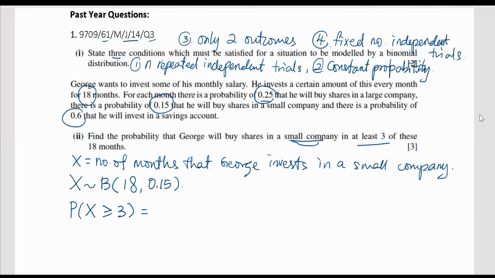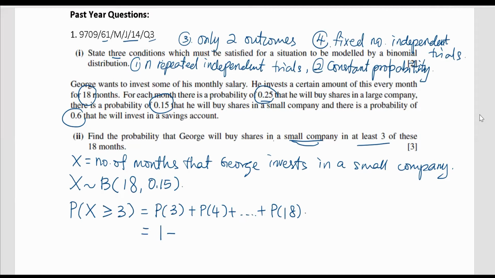See, this is similar to my example just now. At least 3 means what? We are going to find the probability that either exactly 3 months out of 18 he buys in the small company, or 4 months, or until 18. So can you see that you're going to use the formula more than 6 times? So in a situation like this, what will we do?